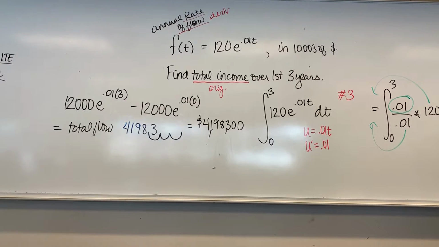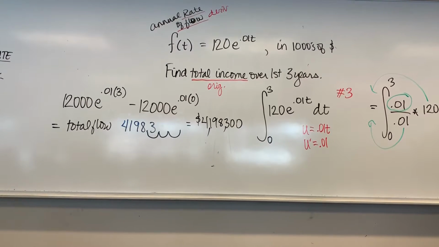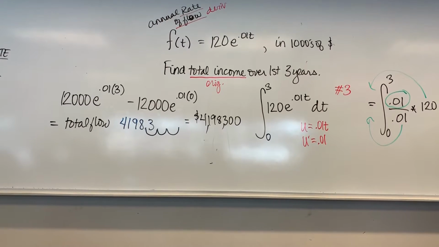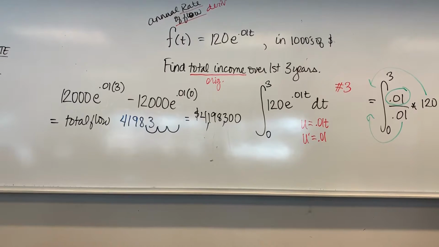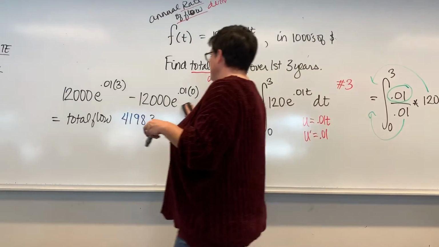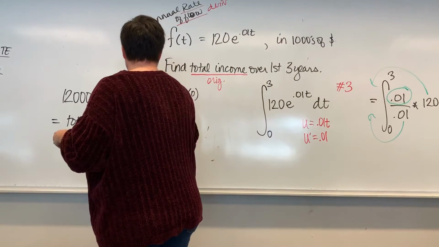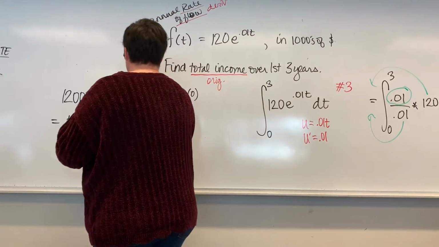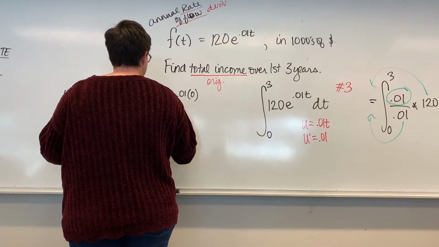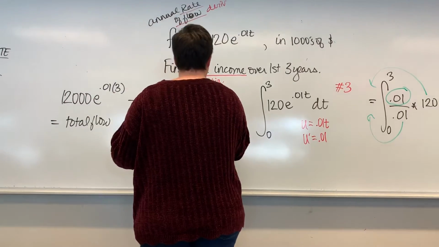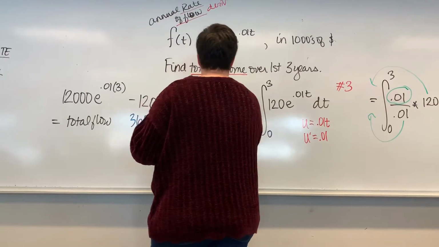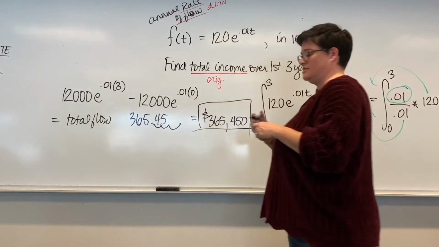No. That's the right answer: 365.45. I was like, that's a little high, but not much. Just by a factor of 10. So move that decimal 3 times and you get $365,450 over the first 3 years.